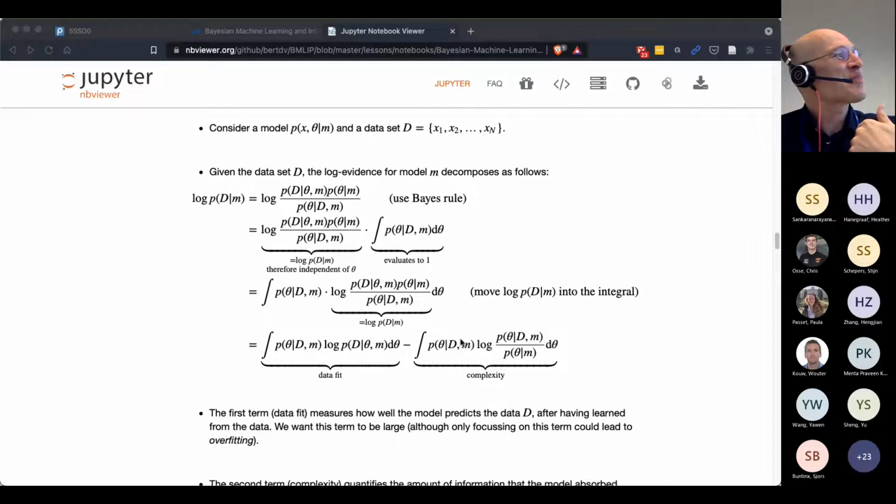Because actually, this is sort of like, okay, how much do I need to change my mind in order to fit the data? I proposed a model with a certain prior, and then I give a data set, and I can change my belief over my parameters by going to a posterior, and I can, let's say, make a new posterior that will make this as maximum as possible.